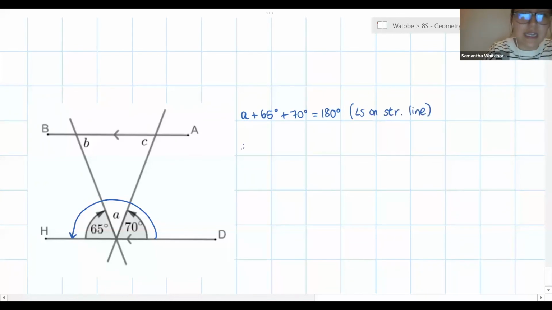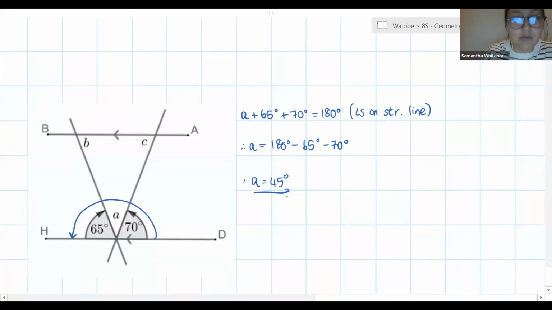That then means to get A, I need to say 180 minus 65 minus 70, so that I get A alone. And 180 minus 65 minus 70 is 45 degrees. So A in this case is 45.